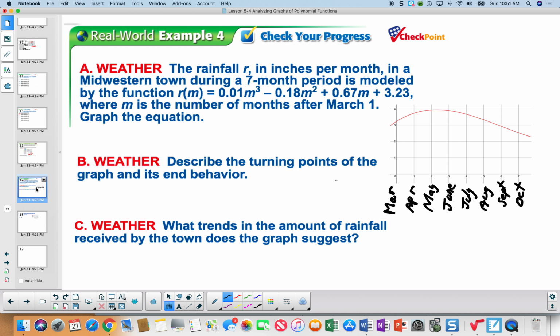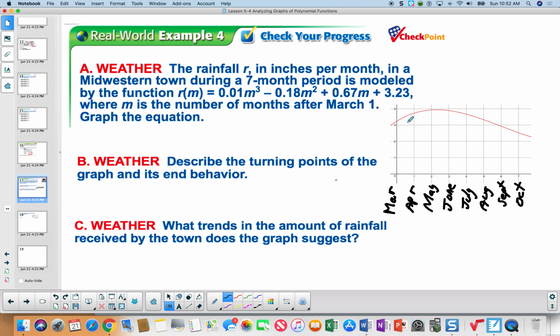All right, let's check your progress. Let's take a look at another real-life polynomial that represents inches in rainfall since March 1st. So the next month, that will be April, May, and so on. Describe the turning points of the graph and its behavior.